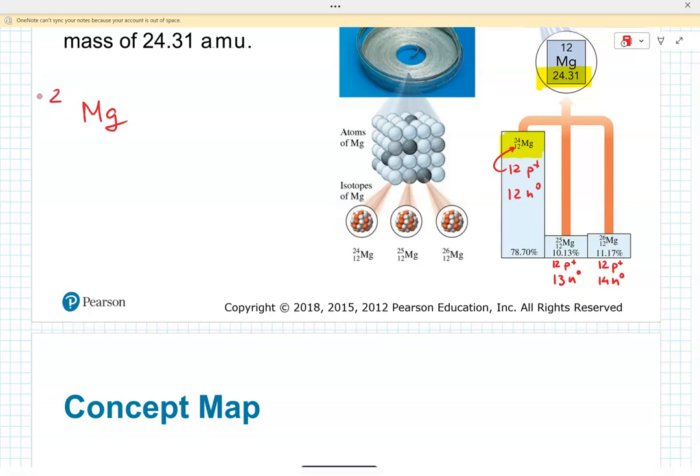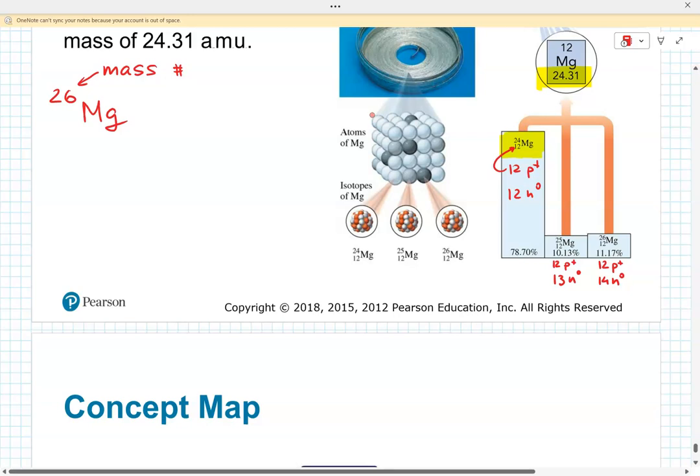So 26 is what? It's the mass number, right? 12 is the atomic number.